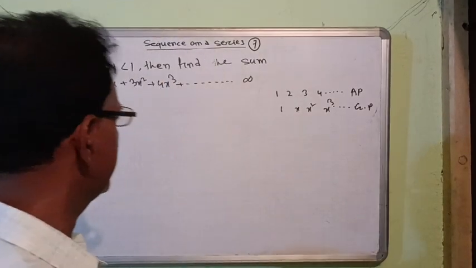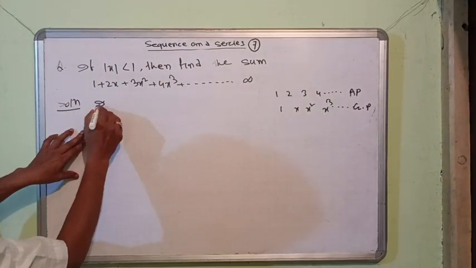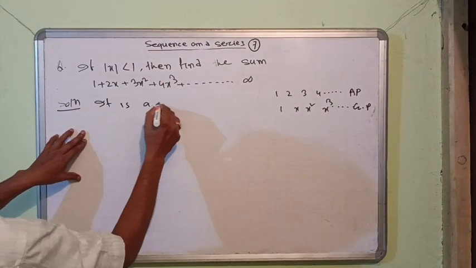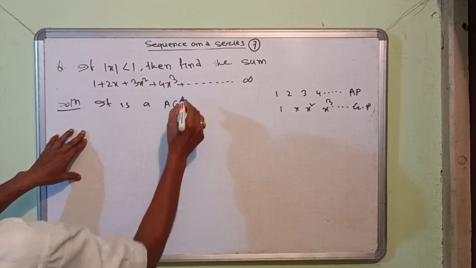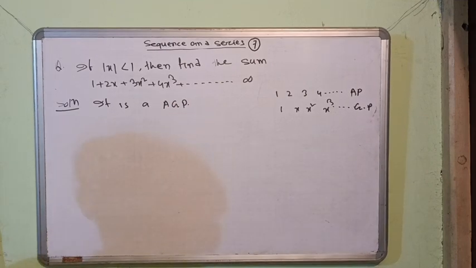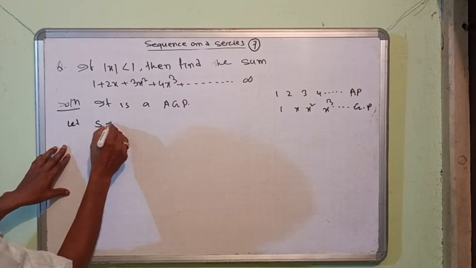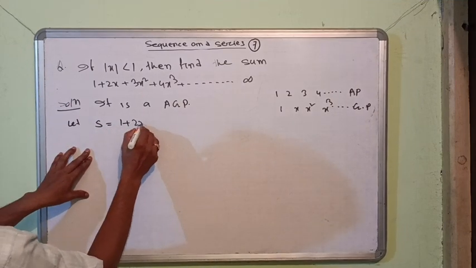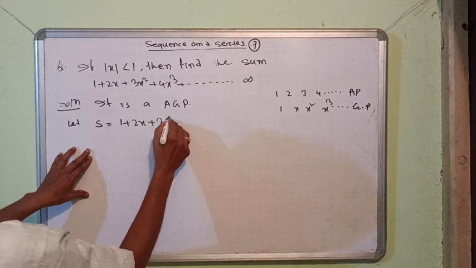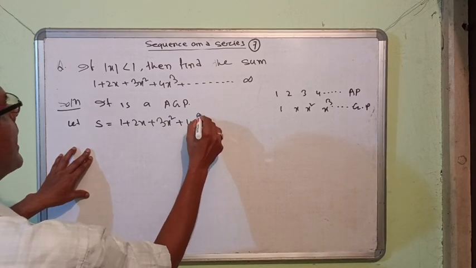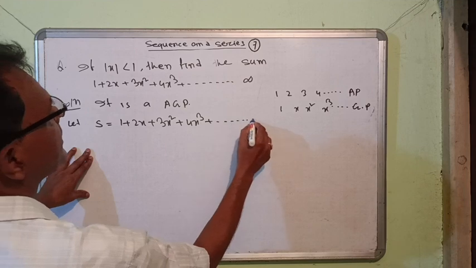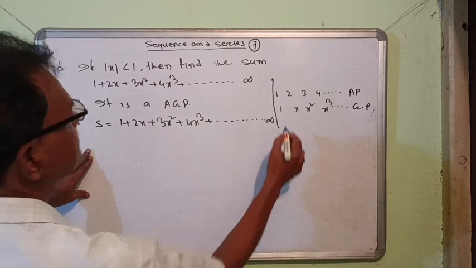So it is an AGP, arithmetic geometric progression. Now I have to find the sum. Therefore, let S be equal to 1 plus 2x plus 3x square plus 4x cube plus and so on up to infinity.